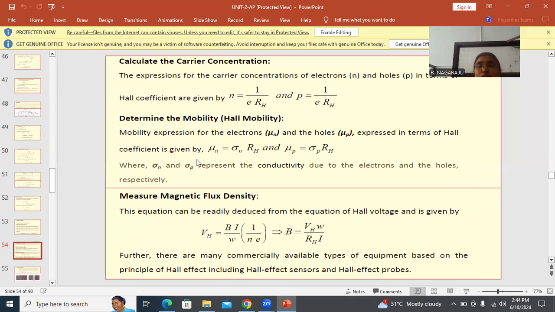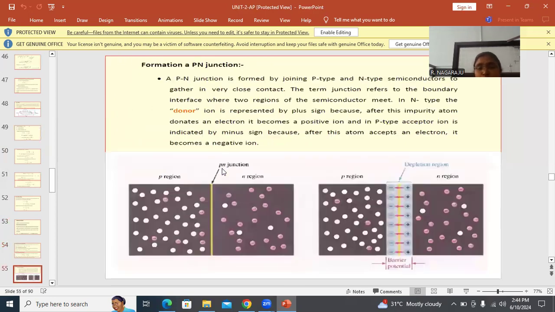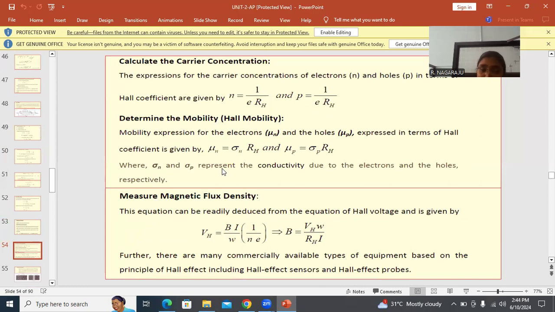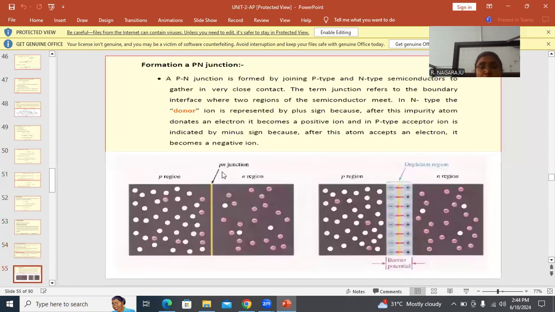Mobility means the expression for the number of electrons or the number of holes, mu. For measuring magnetic flux density also, RH is very useful. And in the formation of PN junction also, it is very useful.